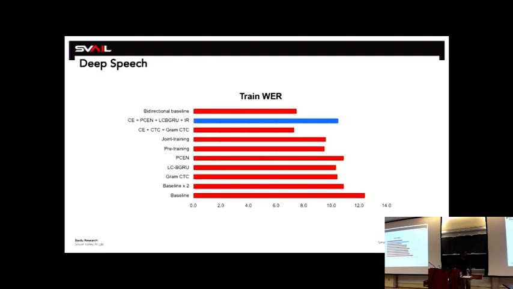This one is a little bit more of a confusion because if you combine all of these, if you add joint training and PCEN and LCB, and the other thing is IR augmentation.